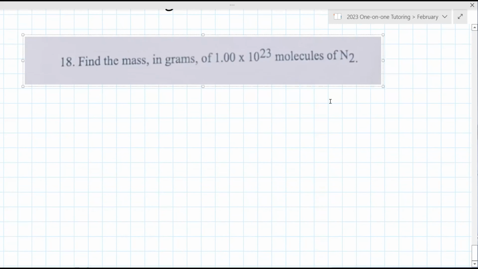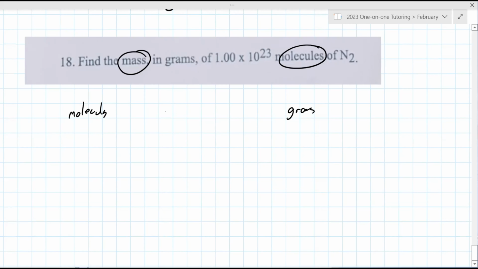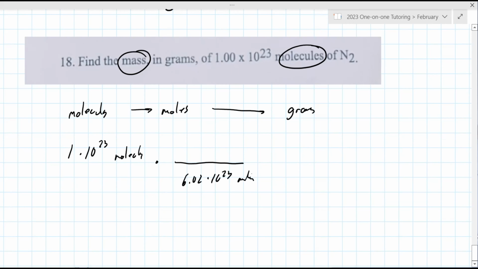So again, they're giving you molecules, and your goal is to get to mass in grams, and that means you've got to go through moles to get there. Start with the given amount, 1 times 10 to the 23rd molecules. And there are 6.02 times 10 to the 23rd molecules in 1 mole.